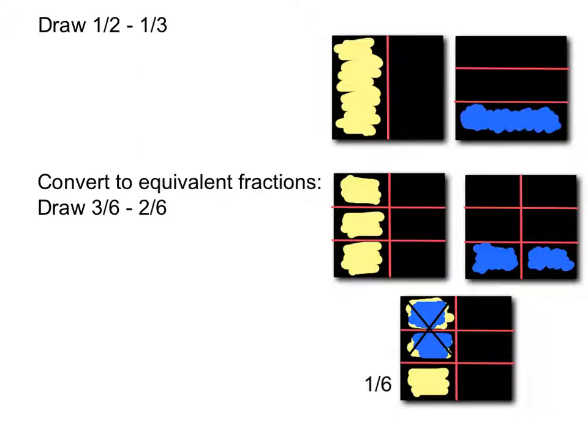We have 1/2 minus 1/3. Okay, we have gone ahead and shaded in a half, and we've shaded in 1/3. We want to convert to equivalent fractions, and so as you're drawing this in your journal, we're going to convert our half into 6 by cutting our square into 6. So we're going to draw our 2 lines. We still have this side shaded, and so we see we have 3/6.